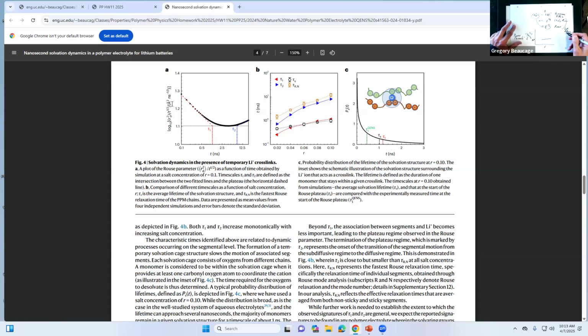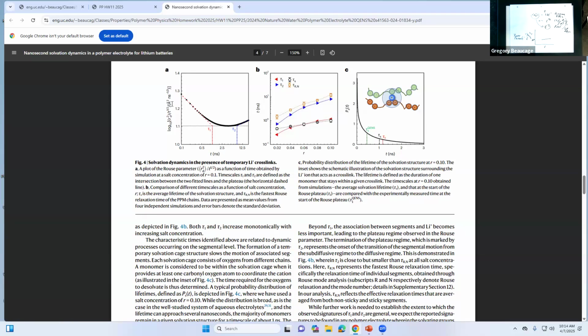So the sticky Rouse is caused by the lithium plus and these chains with the groups, so that association has a certain time scale. He calls it tau s, the time that it can exist. It exists for a certain length of time.